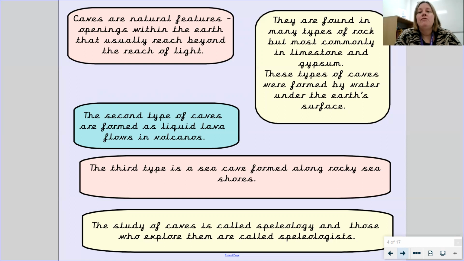These types of caves were formed by water under the Earth's surface. The third type is a sea cave, formed along rocky seashores. The study of caves is called speleology, and those who explore them are called speleologists.